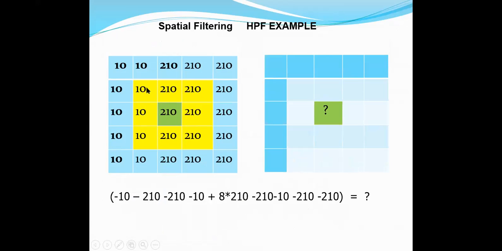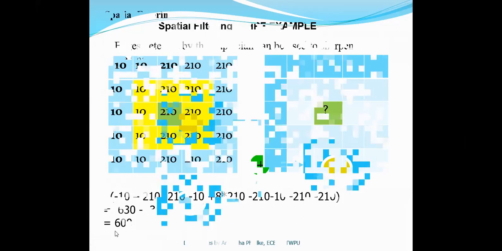We multiply these pixel values with the respective filter coefficients, and then we add all these product terms, and this gives you output 600. Now, as we are also considering diagonal transitions, the response value is increased, because besides the horizontal transition of gray value from 10 to 200, there is also a transition in this diagonal direction as well as this diagonal direction. That's why we are getting a greater value.